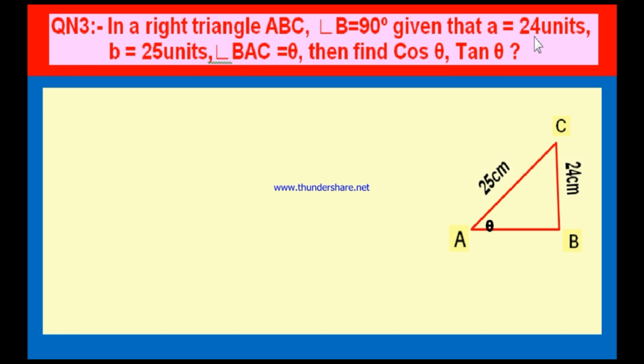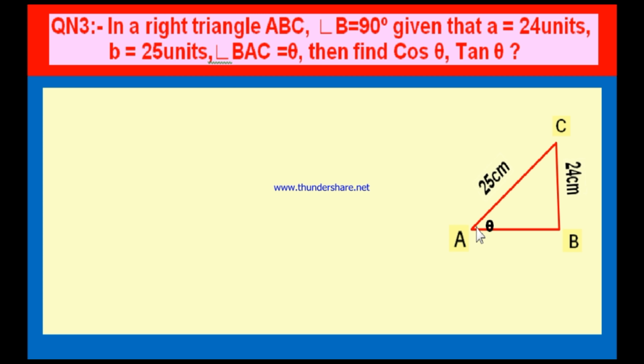And small a is equal to 24 units. Small a means it is the side opposite to vertex capital A. The side opposite to capital A may be denoted with small a units, and the side opposite to vertex B may be denoted with small b units.